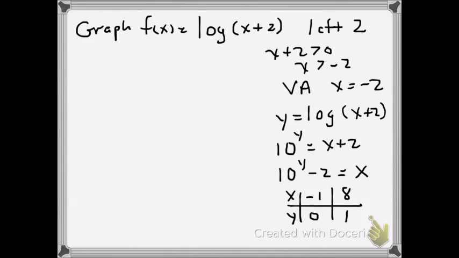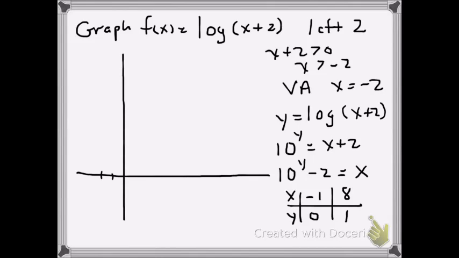So we've got a vertical asymptote, x equals negative 2, and the point at minus 1, 0, and at 8, 1.